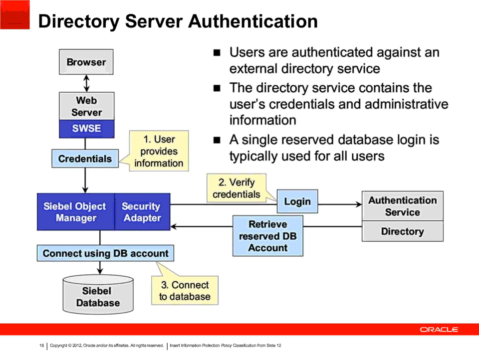Now, as we had discussed, those can be either LDAP, ADSI, or a custom security adapter. Here, the security adapter will verify the user's existence and password with the help of the Authentication Service shown on the right. After that, with the help of the result database account, the user will connect to the database and get required data as per the positions. This is how the directory server authentication takes place.